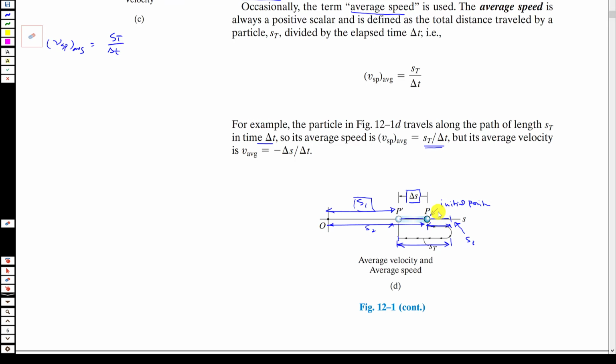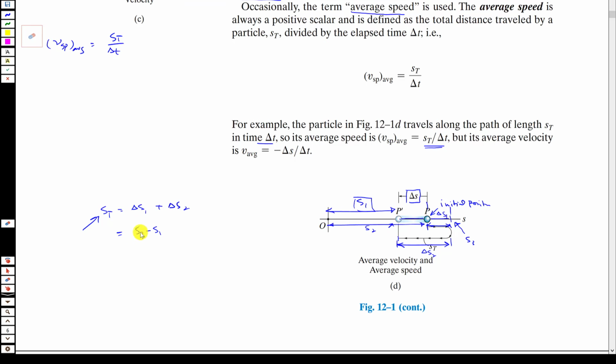Let's say this is delta s1 and this is delta s2. So the total distance will be delta s1 plus delta s2. Delta s1 will be s3 minus s1.